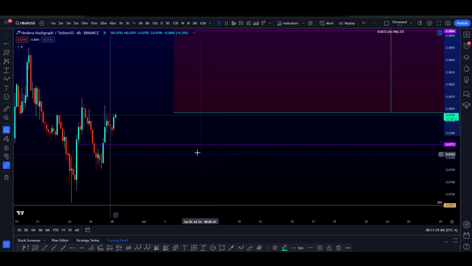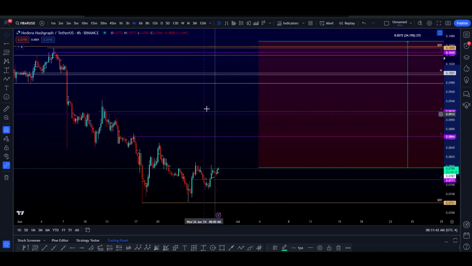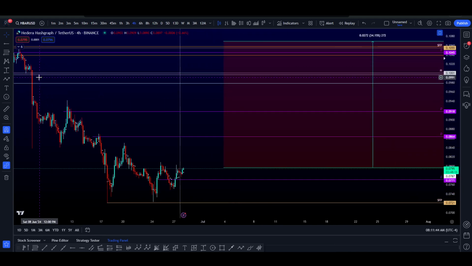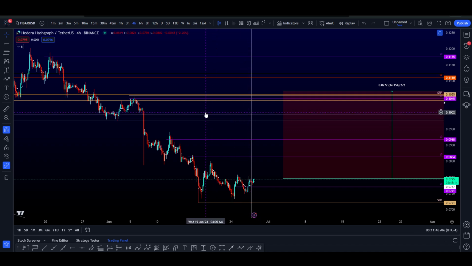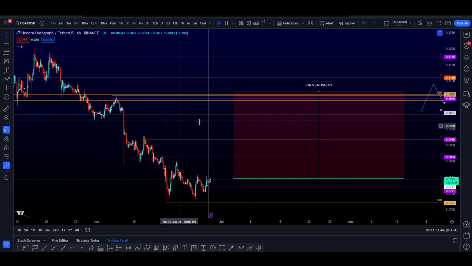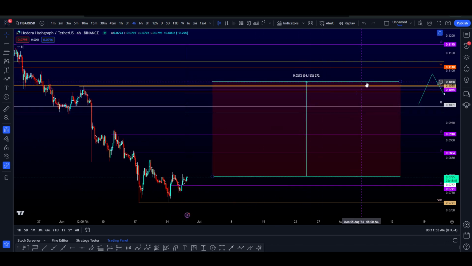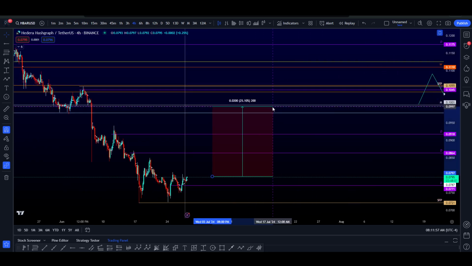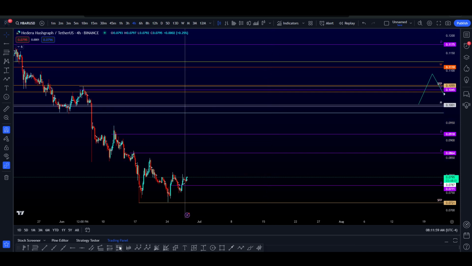Let's just go down to the 4 hour and see if there's anything decent. Not really. Could possibly grab that liquidity, hit this VWAP here, and then come down. Tricky level, but I'll be looking for a scalp short as soon as we hit that level.